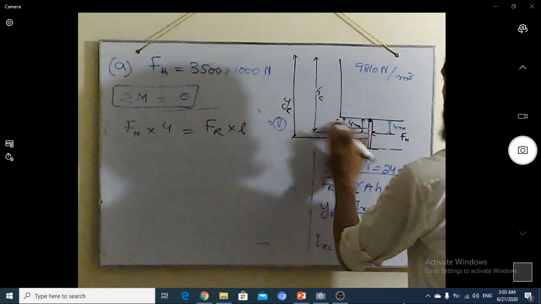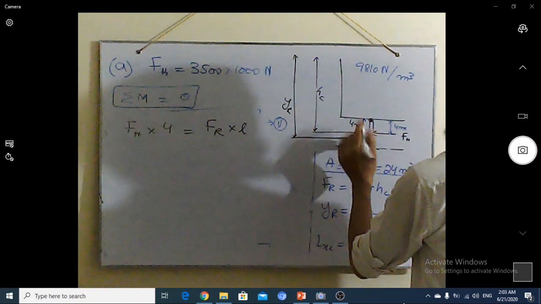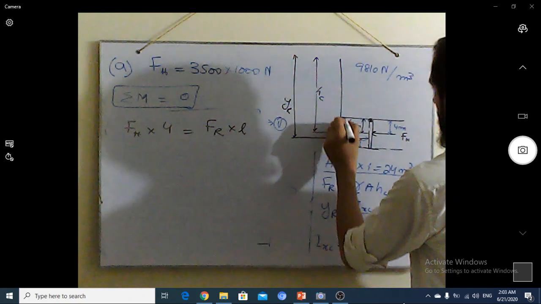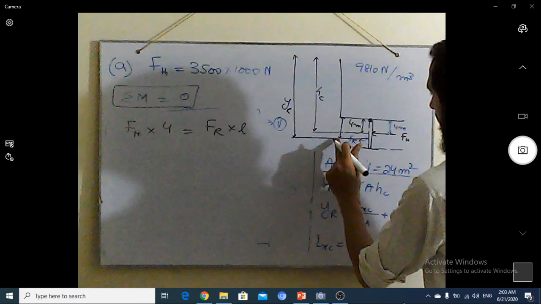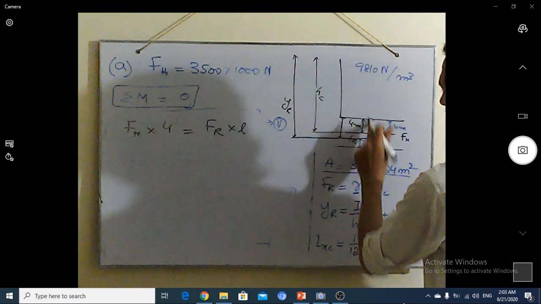Sorry, this length will not be like that. Actually, it will be that much because this is the arm of FR about this axis.